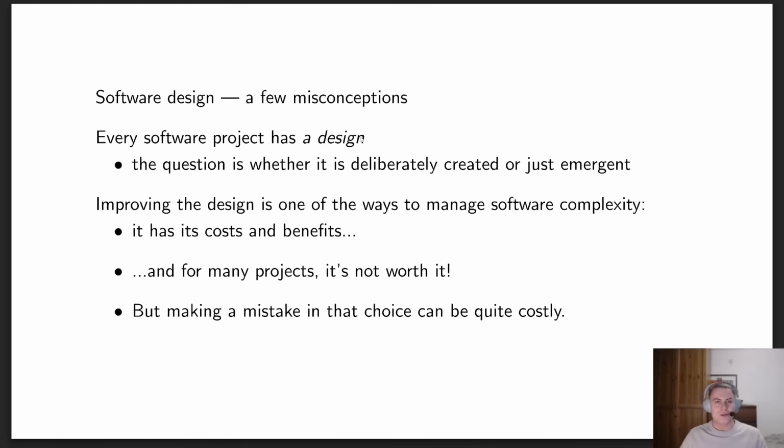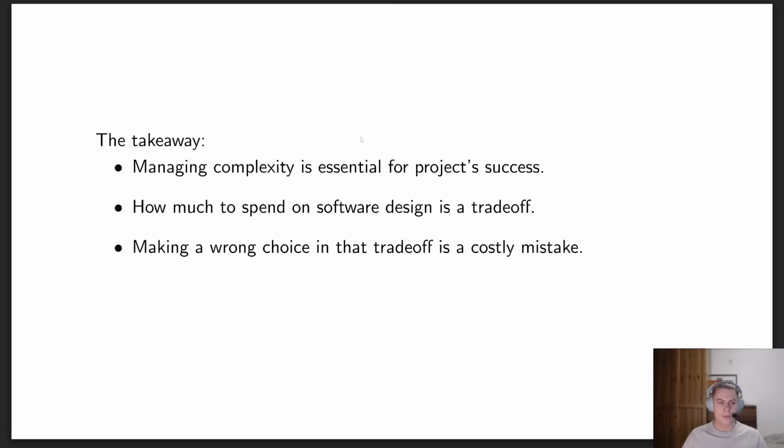Something you have to consider in that choice is future extensibility. One thing is implementing the project, and the other is the lifetime of the project, when you expand and extend it to accommodate new use cases or cover old bugs. All of that has its own cost, and that cost is in many ways determined by the design of the project.